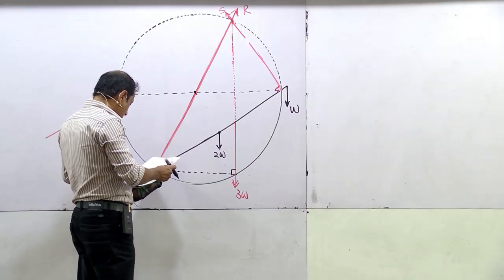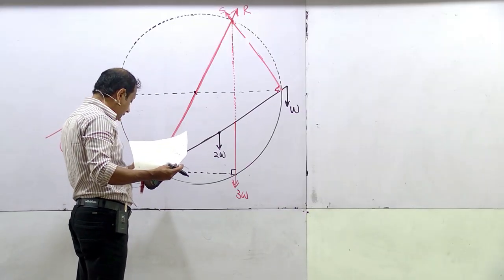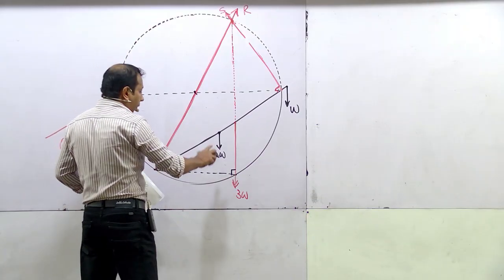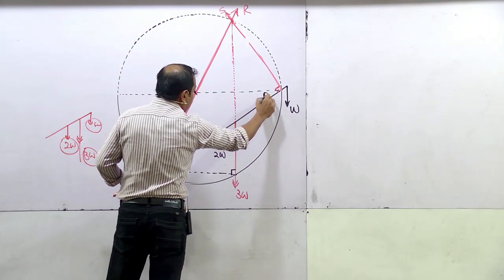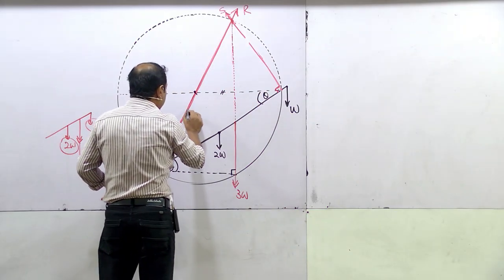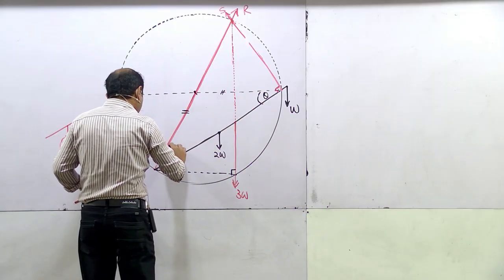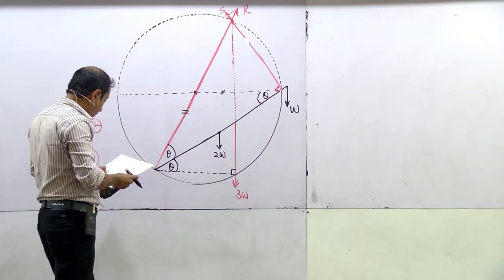And we are given that the angle is theta to the horizontal. If you take this as theta, this and this horizontal, this should also be theta. This length and this length being equal, therefore this angle and this angle should also be equal, theta.